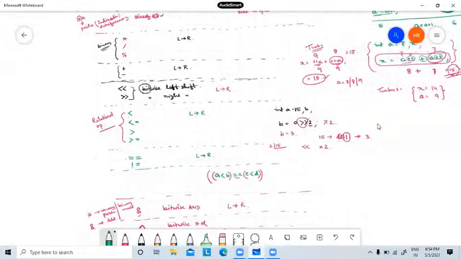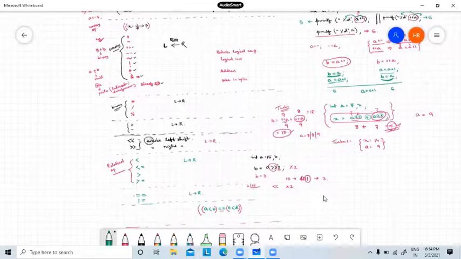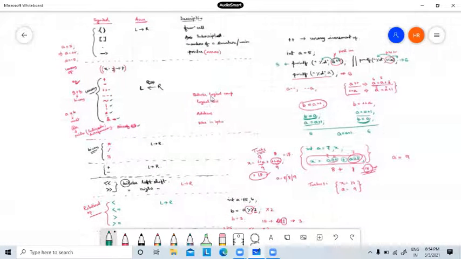So I hope it is now visible. We started with the operators which have the highest precedence: the function call, then subscript operator, dot operator, arrow operator. Then come the unary operators.